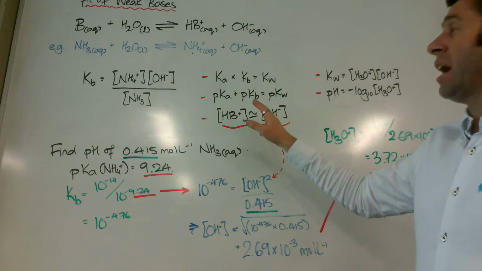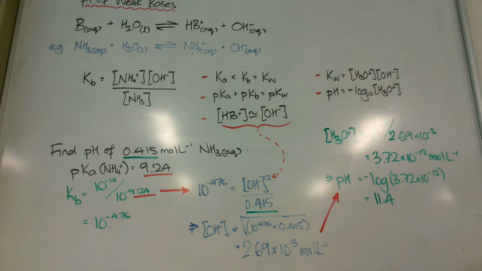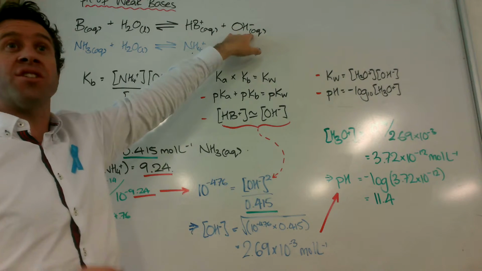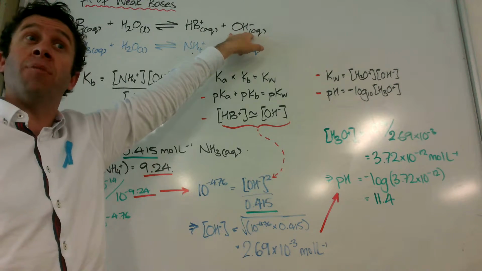Now, when we are looking at a base, we can generalise base as a capital B, just like we called acids HA. We put the H in it for acids because they lose H+. So if we say that B is our base, we can show that base being put into an aqueous solution to justify why it is a base. Bases will have a higher concentration of hydroxide ions than hydronium ions.